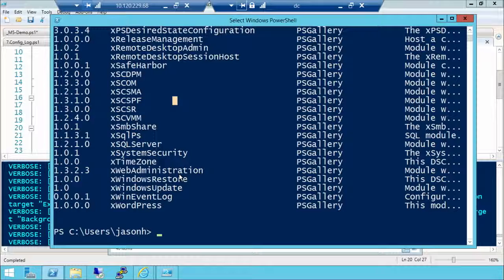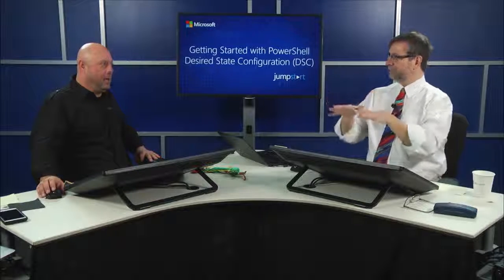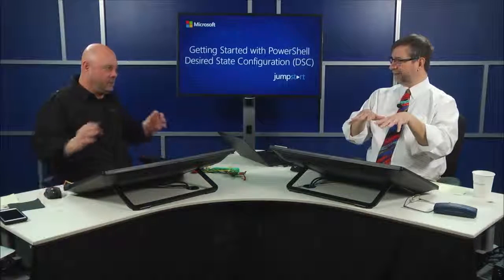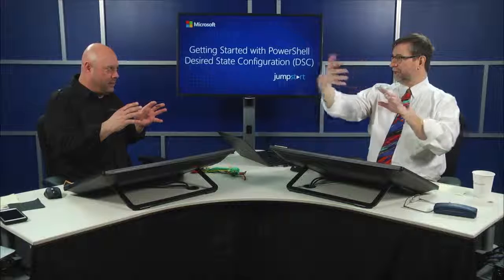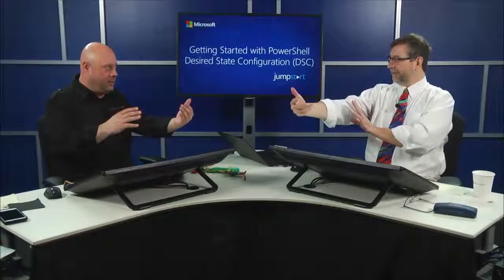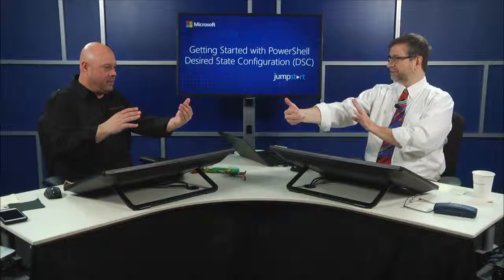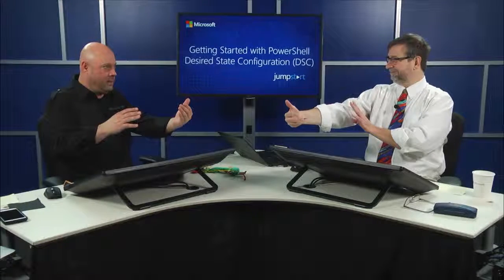And then we have direct integration of desired state configuration with Azure. So this is going to be an inception moment. What you do is use desired state configuration, and you say, I want to create a VM. As you configure that VM, you say, I would like to configure a desired state configuration resource for that VM.